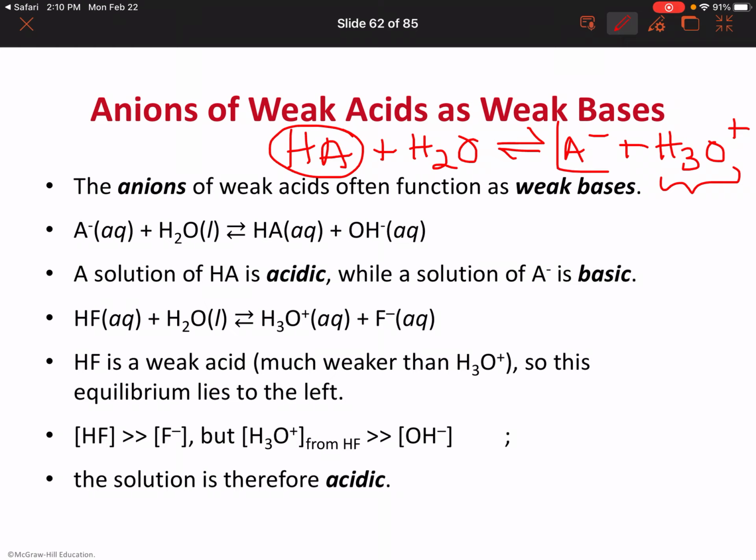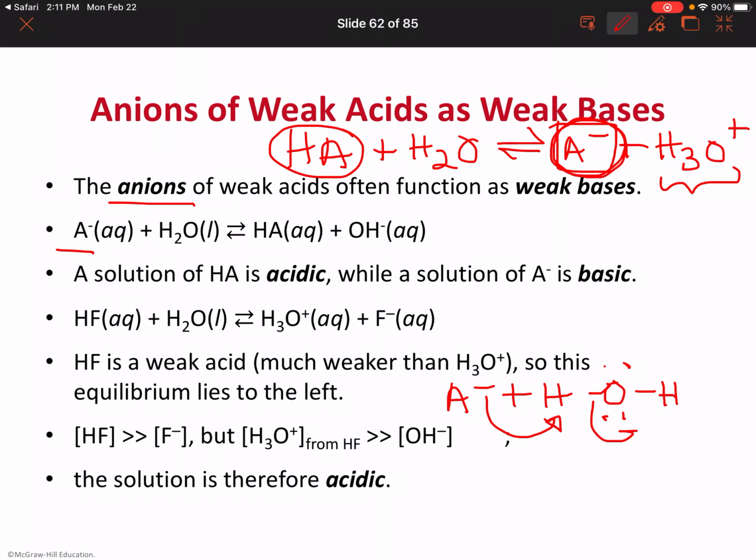Now let's take this anion of the weak acid. This A minus is going to be your anion. So you put that anion into water. What happens? When you put the anion into water, A minus plus H2O, this A minus takes the hydrogen from water and gives you HA plus OH minus.